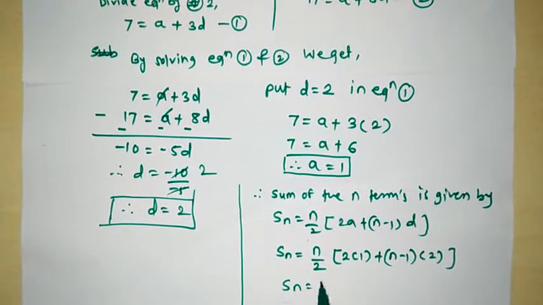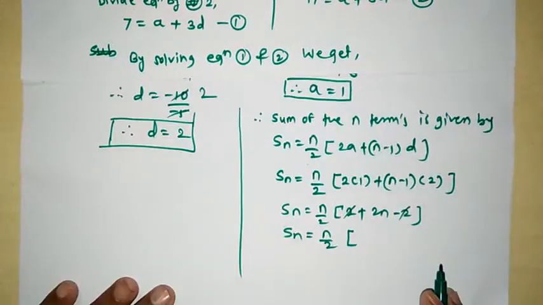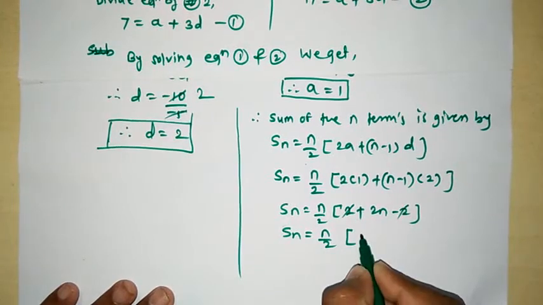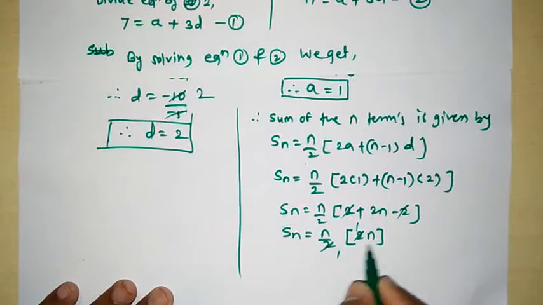Now we will solve this. n by 2 into 2 into 1, that is 2, plus n minus 1 into 2. We will multiply in the bracket, 2 into n, 2n minus 2. Now see, this is plus 2, this is minus 2, they get cancelled. What will remain in the bracket? Sn is equal to n by 2 into 2n. 2 ones are 2, 2 ones are 2.